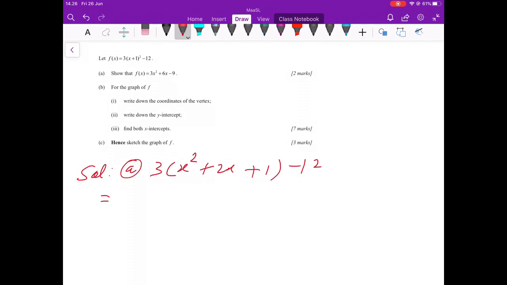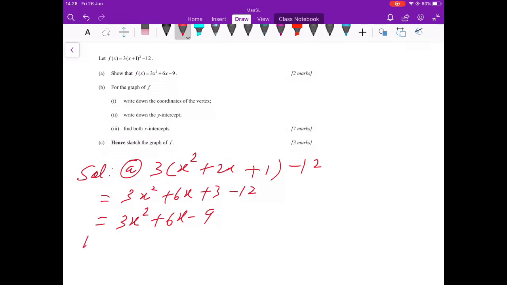So that is equal to 3x² + 6x + 3 − 12, and that is equal to 3x² + 6x − 9. So that's the simplification, and that's worth 2 marks.